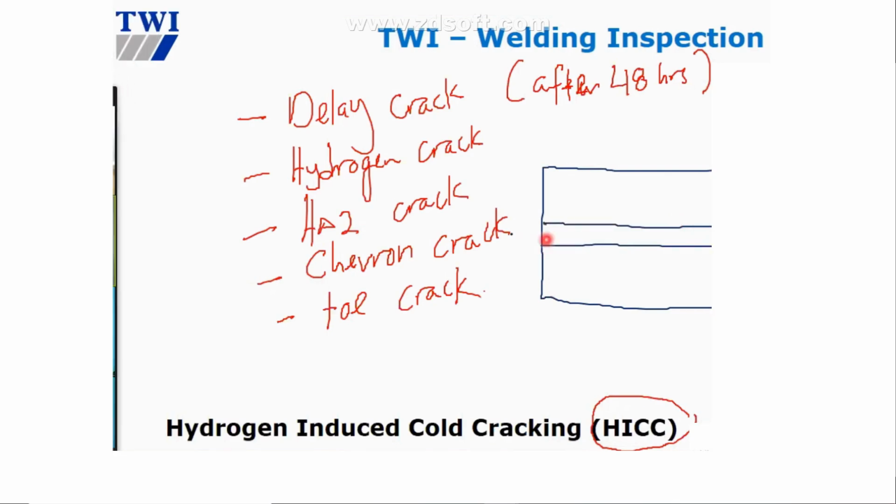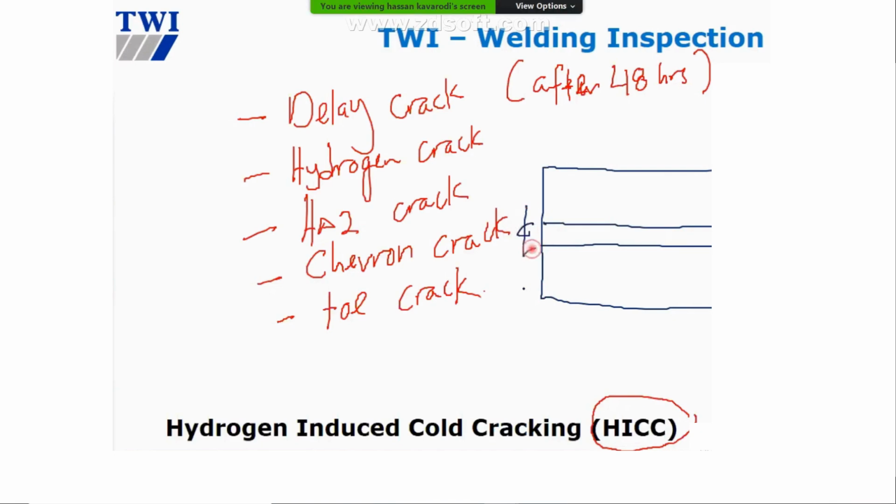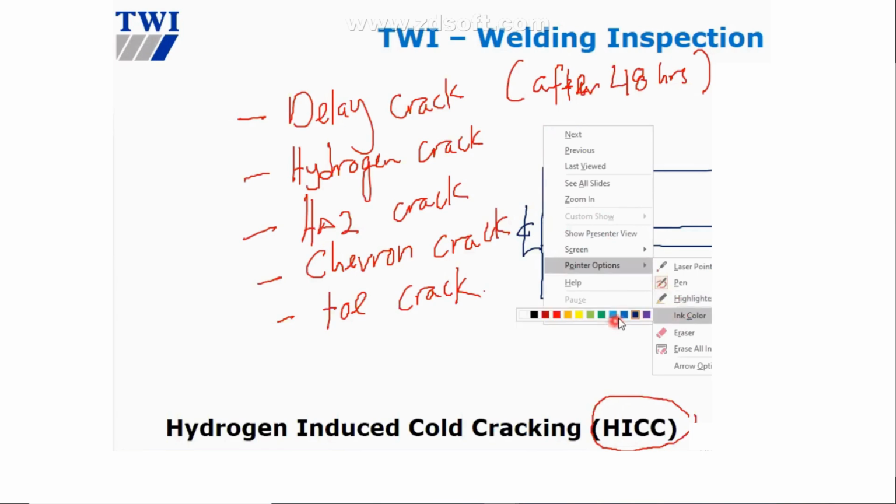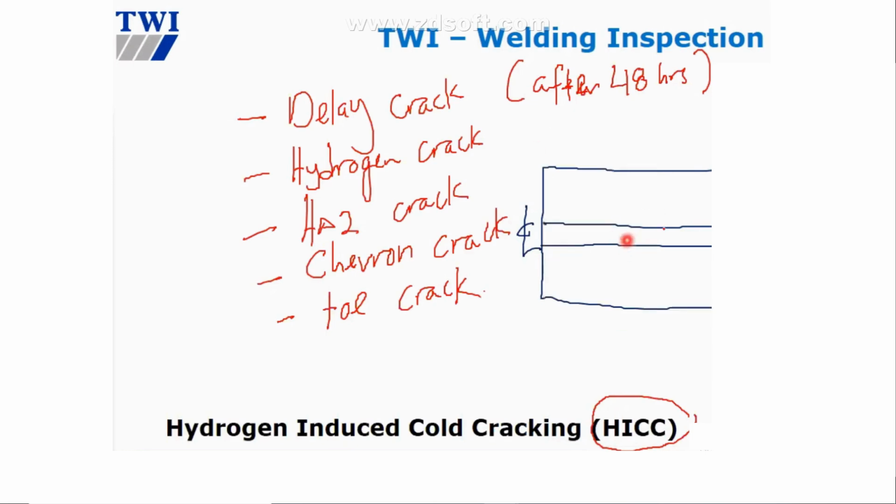Say we have a crack somewhere like this in the weld, which is 45 degrees to the weld center line. That's why they call it chevron, or maybe it's located in the HAZ.